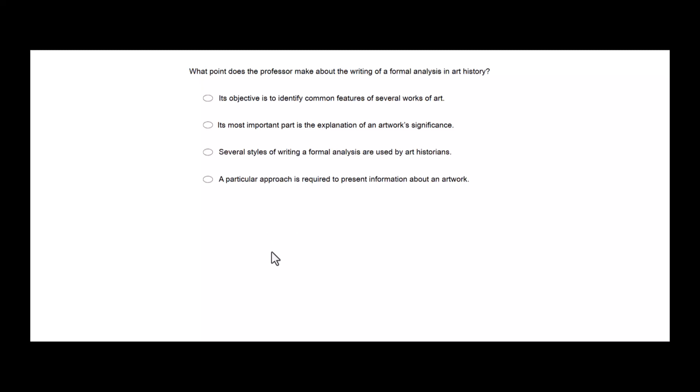Option 3. Several styles of writing a formal analysis are used by art historians. This option is clearly rejected because in the lecture, the professor discussed just one style of writing a formal analysis, and that style was in steps.